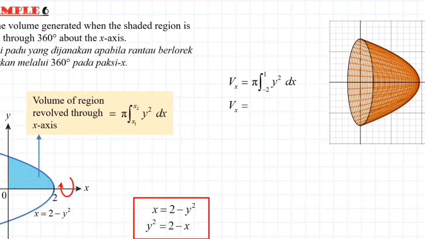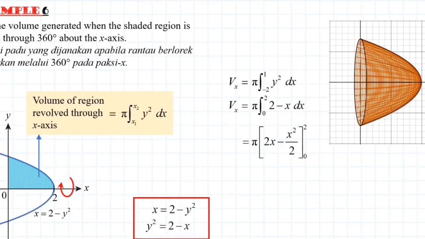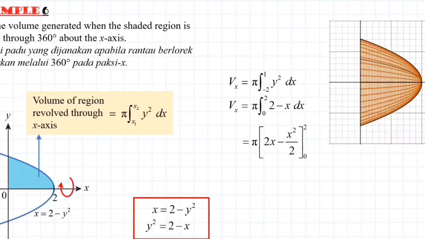So your answer is, after you substitute, you will have to integrate. So it becomes pi. When you integrate 2, you get 2x. When you integrate x, you will get x squared over 2. Then you substitute the limit from 0 to 2. So we will substitute 2 first, which is the upper limit, then minus the lower limit, which is 0.